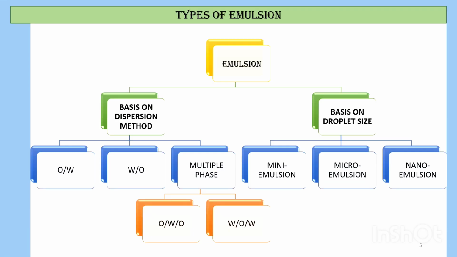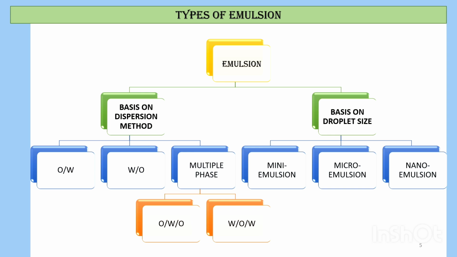So now let us dive deeper into the classification of emulsion. Emulsions on the basis of dispersion method, as we have been discussing, are classified into three main categories, that is O/W or oil in water emulsion, W/O or water in oil emulsion, and multiple emulsion, that is O/W/O and W/O/W.